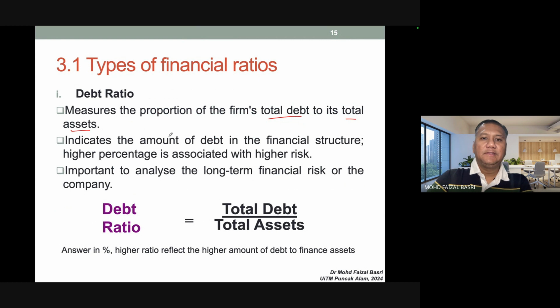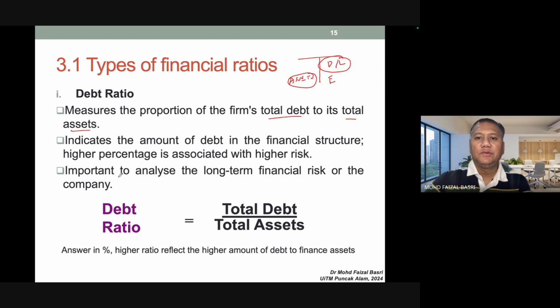This indicates the amount of debt in the financial structure. Sebab dalam accounting, dalam T account tu kita ada asset kat sini, dan dia ada debt dengan equity kat sini. Debt ni nama lain dia liability, so total debt ni is actually total liability. We want to see how this total debt compares against the total assets.